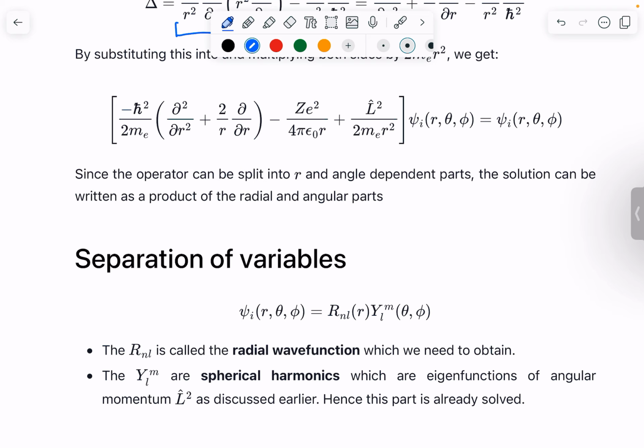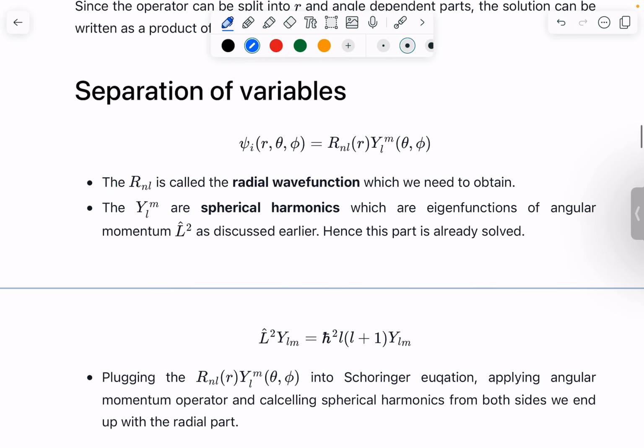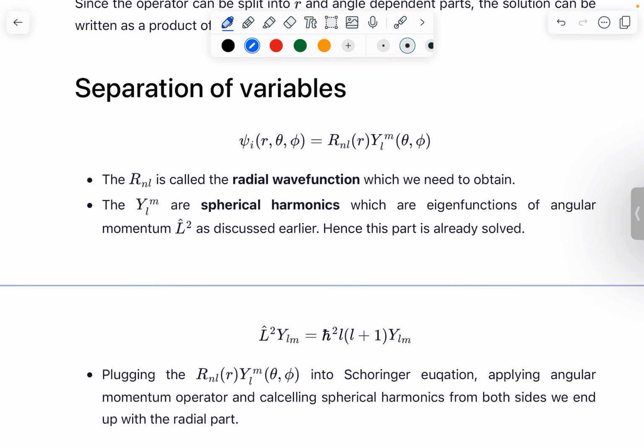One of the reasons, or the main reason, to use spherical coordinates is that they capture the symmetry of the problem and allow separation of variables. We're able to nicely and cleanly separate all these variables: r, theta, and phi. If you remember, the spherical harmonics separate the other two.